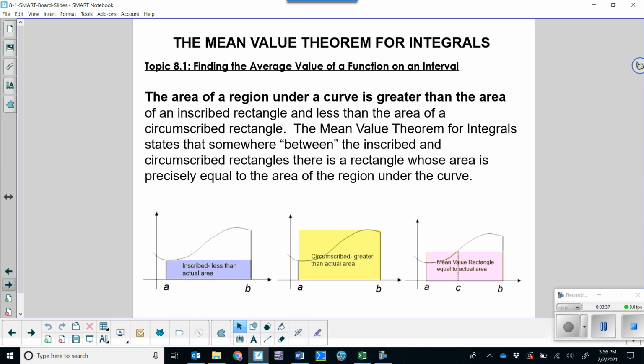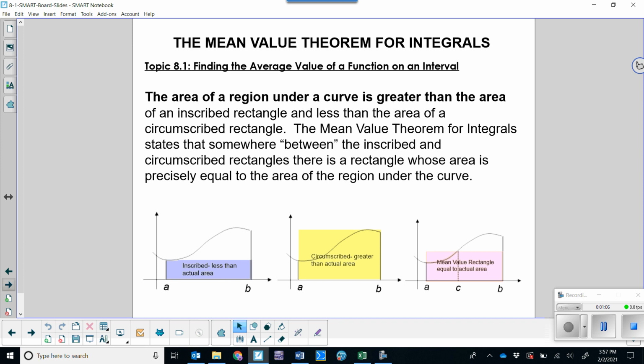So if you have some sort of curve that we're trying to find the area, if we take an inscribed rectangle, which is the first figure with the purple one that's underneath, say we approximated the area, and then if we take a circumscribed one, so that's the biggest rectangle we can draw, that's definitely more than the actual area.